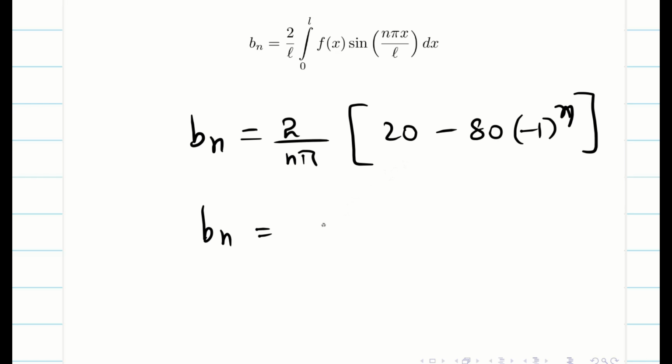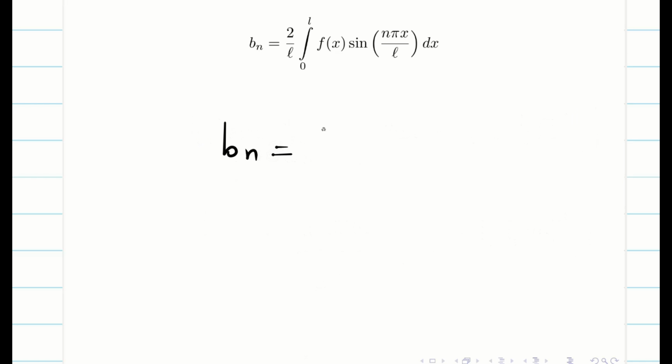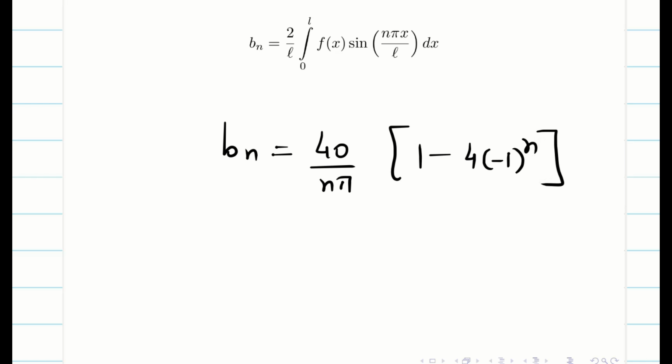Now, taking 20 outside, we'll get 2 into 20 divided by n pi, 1 minus 4 times minus 1 whole power n. Therefore, my Bn is going to be 40 by n pi into (1 minus 4 times minus 1 whole power n). So this is the simplest way, guys. Take the given data as L, solve it, and at the end substitute it to get the Bn value.